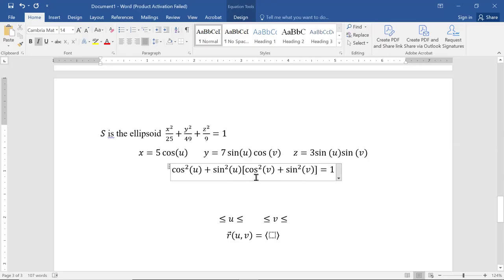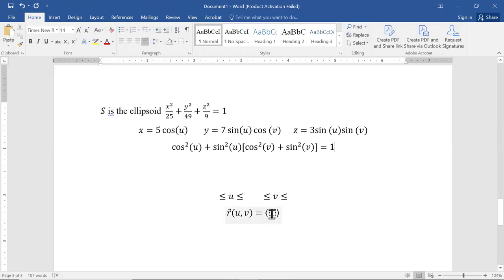Now I have cosine squared of v plus sine squared of v. That will become a 1. And then 1 times sine squared is just cosine squared of u plus sine squared of u. That is a 1 by the Pythagorean identity.